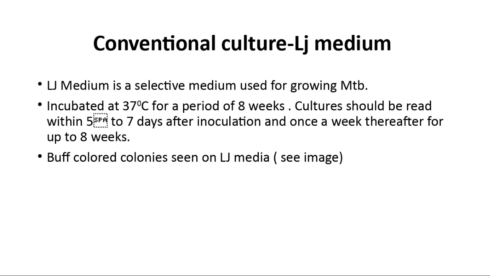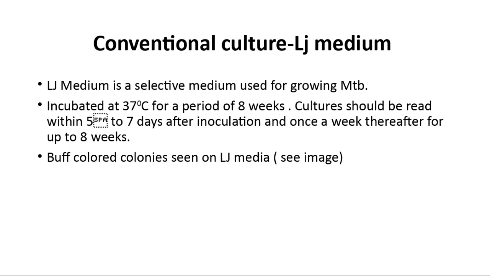The culture should be read 5 to 7 days after the inoculation, and then once a week thereafter up to 8 weeks. After 5 to 7 days, if we find colonies, we make the slides again. But if we couldn't find colonies, we continue to observe for the 8 weeks, looking at the growth every week.